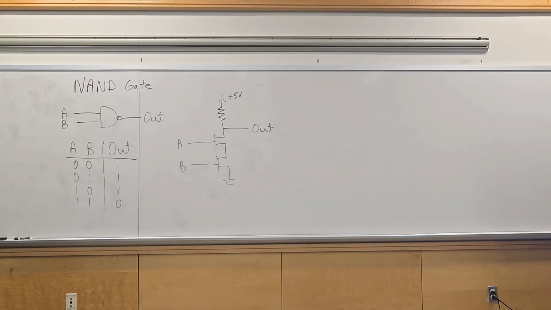Very similar to the AND gate, just without the inverter at the output. So this takes up less space on a chip die. You can use this in place of an AND gate followed by an inverter, and you'll be using fewer transistors.